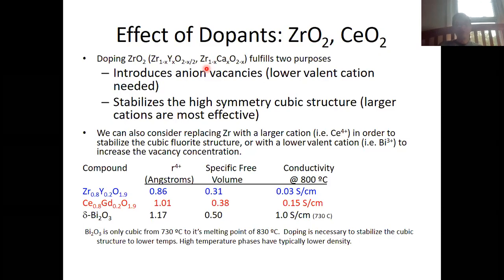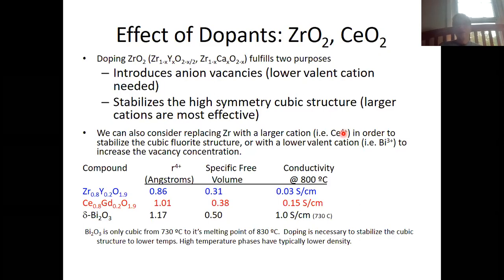So alternatively, you can also replace zirconium with a larger cation, for instance, cerium 4 plus, in order to stabilize the crystal structure. The cerium is larger, and because of the larger size, the crystal structure becomes more open, and because of that, we are having better ion conductivity.